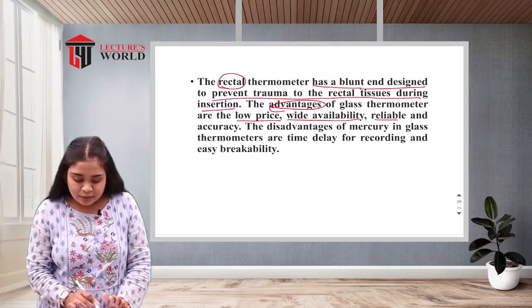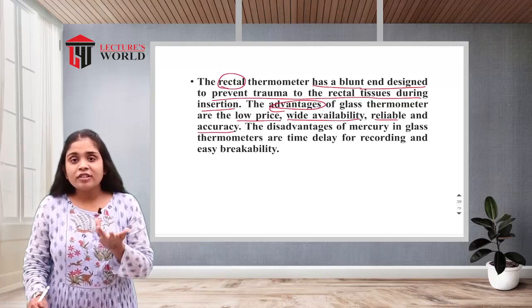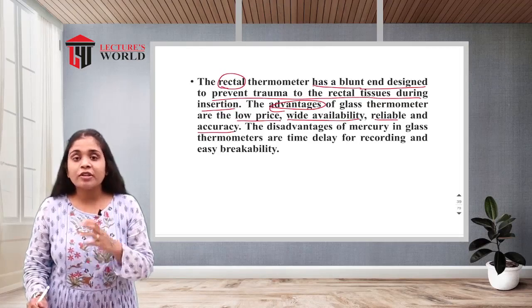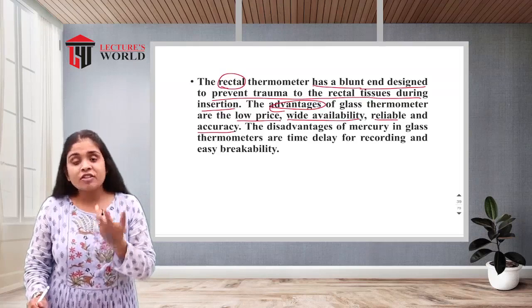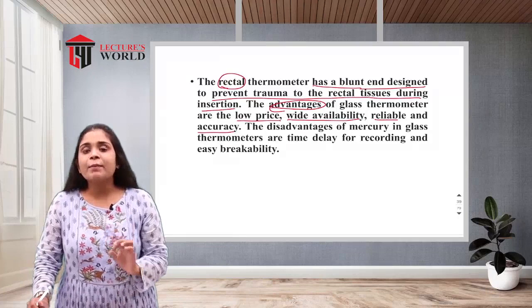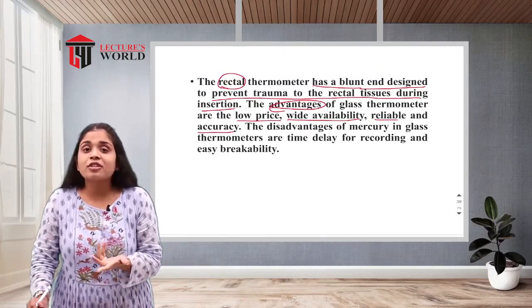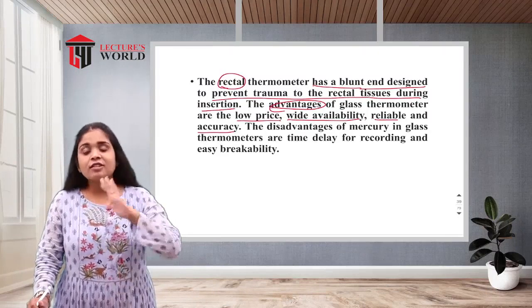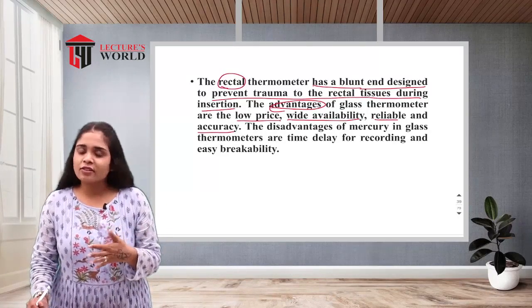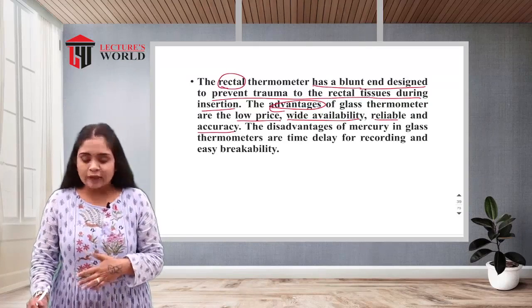Then reliability and accuracy, it means that whatever reading comes from this glass thermometer, we can rely on it, we can trust that reading, because it is the accurate temperature of the patient. This is also called the traditional thermometer, because before the time of the digital thermometer, they were using this kind of traditional thermometer only.